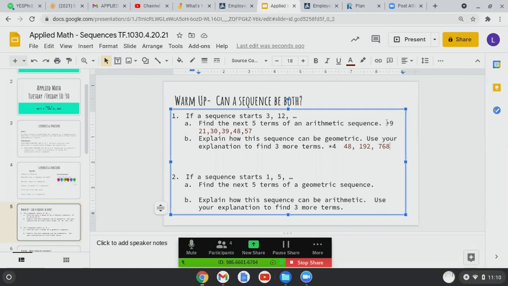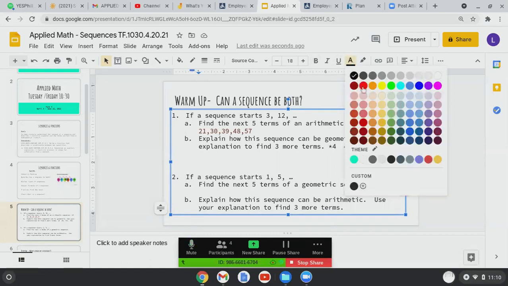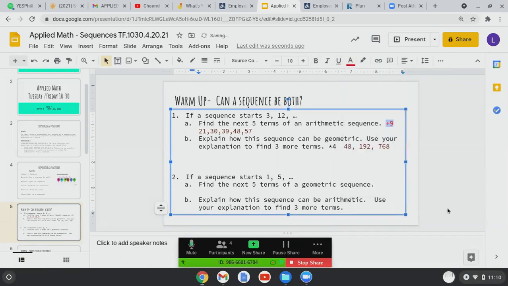So in the first one, arithmetic, you know that you are either adding or subtracting. And because this is increasing, you are adding 9. And so those will be the 5 that follow.